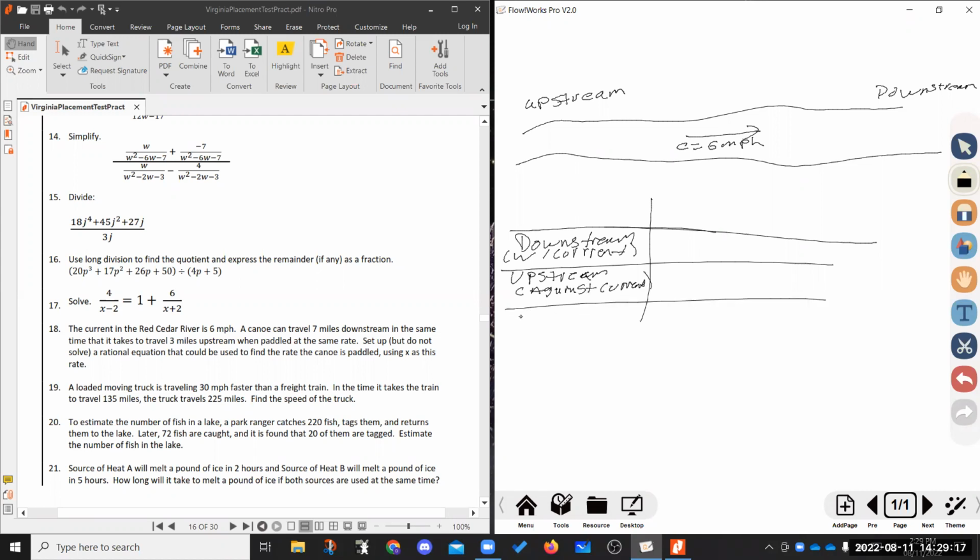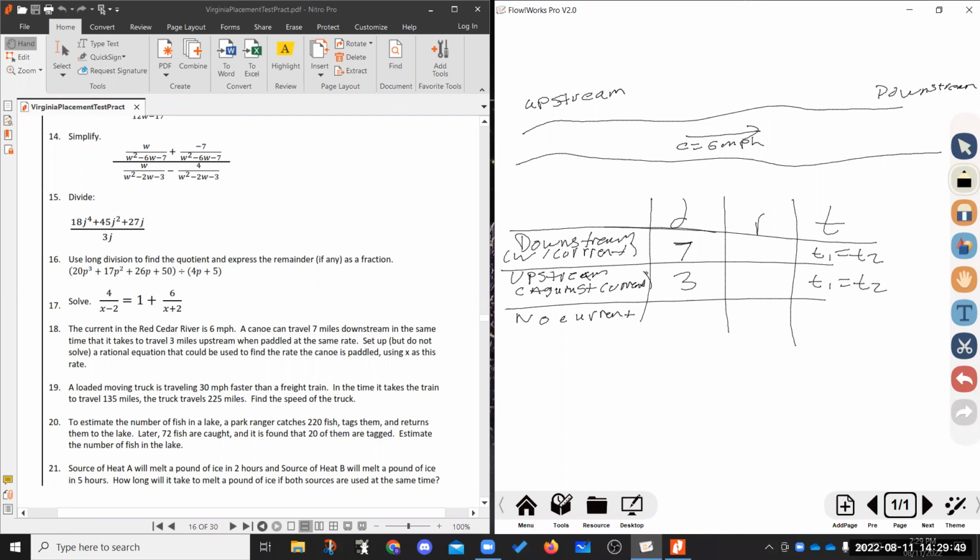I'm looking for what's going on with no current and still water in just a second. So we're going to look for distance, rate, and time. And it says that the canoe can travel 7 miles downstream in the same amount of time that it takes it to travel 3 miles upstream. So times are equal.